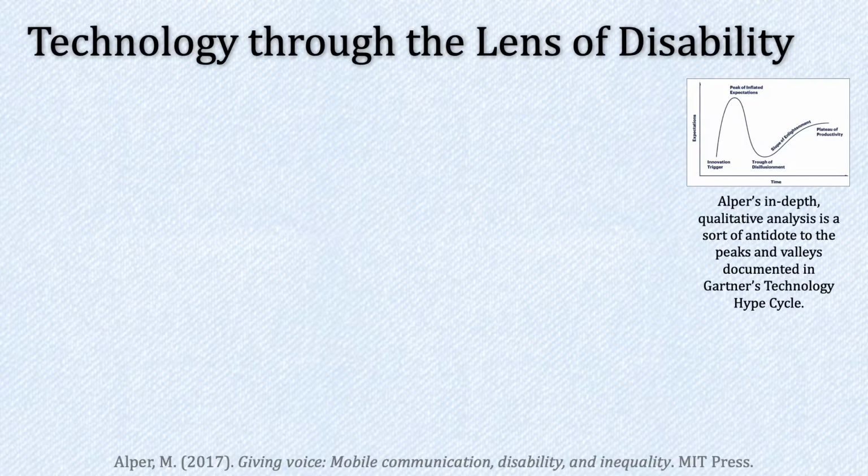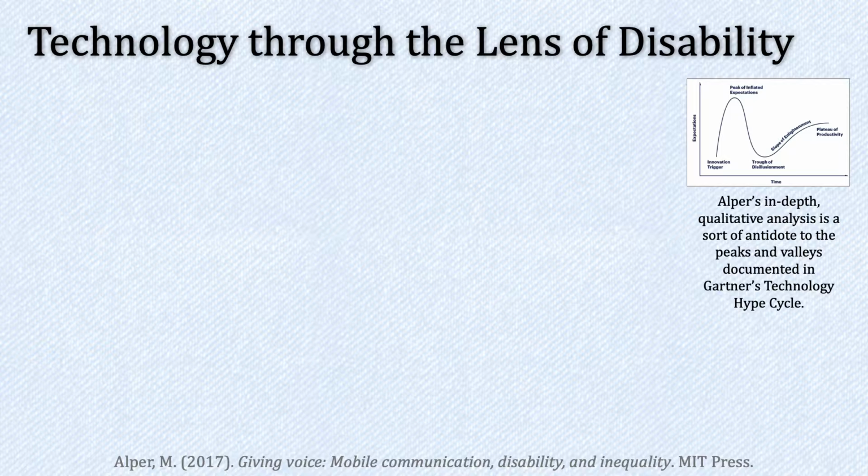So now let's take a look at Alper's findings in her book, Giving Voice. So what did she set out to do? Well, she's really talking about looking at technology through the lens of disability. Now, last week we talked about the technology hype cycle as defined by Gartner.